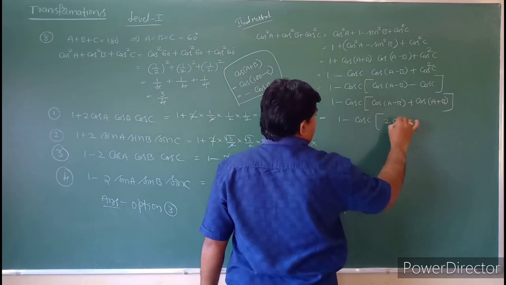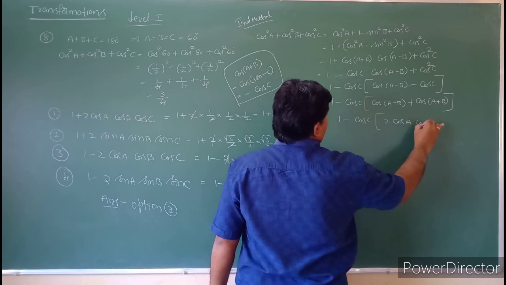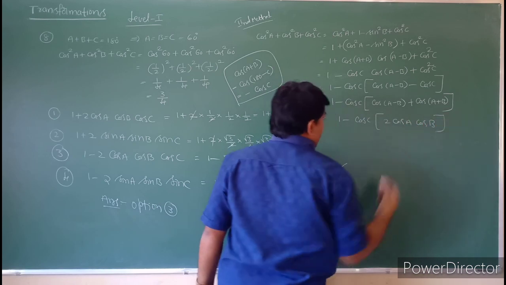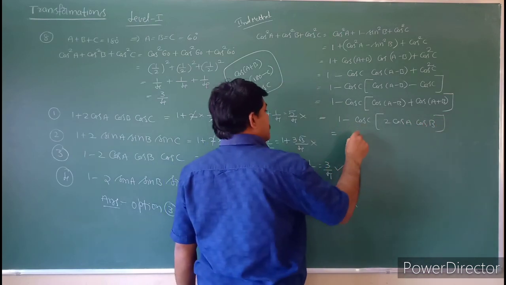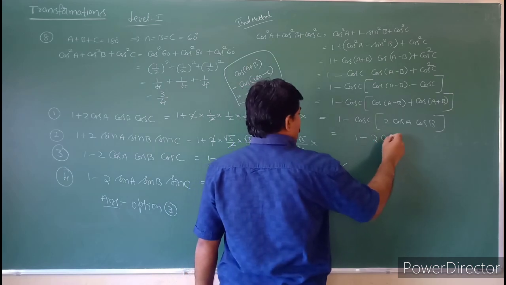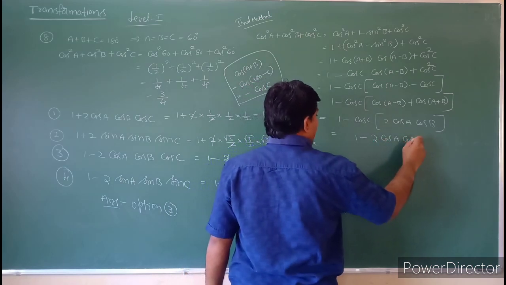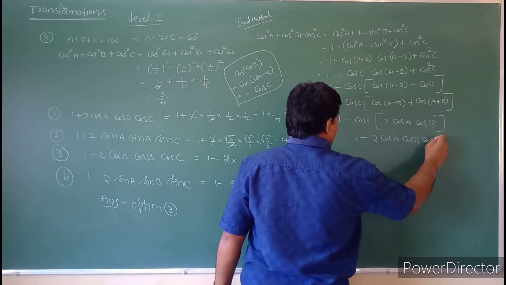Cos of A plus B plus cos of A minus B is 2 cos A cos B. So that implies 1 minus 2 cos A cos B cos C.